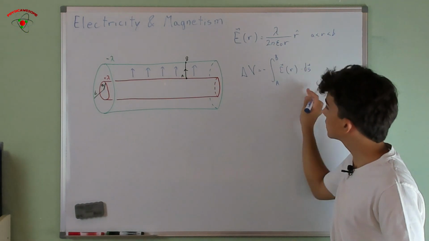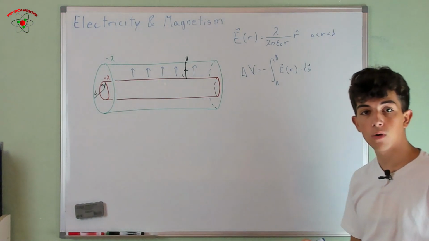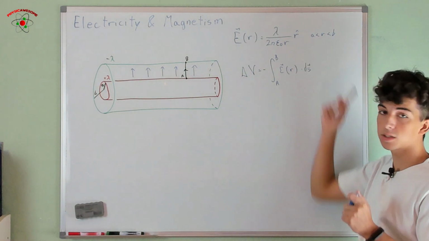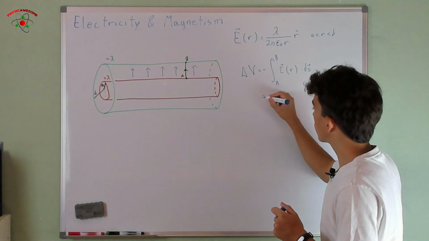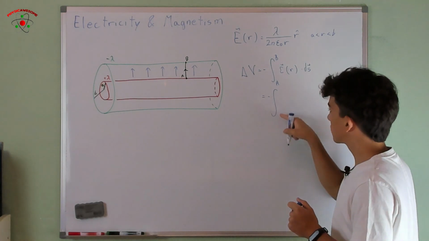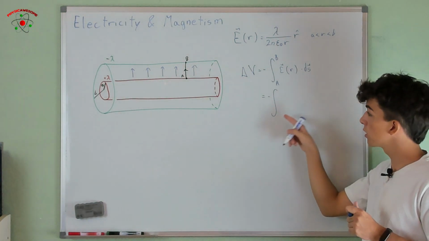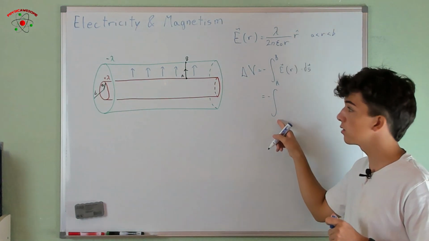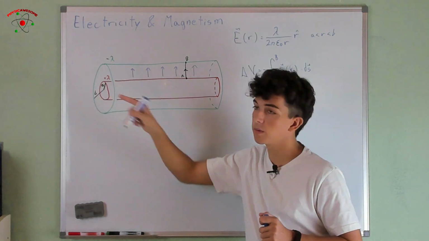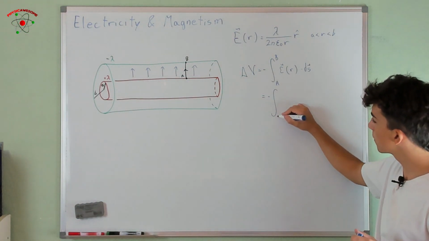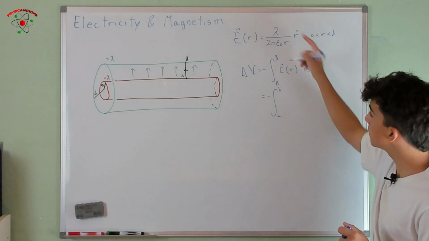Now in this case ds is going to be equal to dr because this is in the r hat direction. So what we're going to get is some limits that are also going to be values of r, which are going to be a small a and a small b.